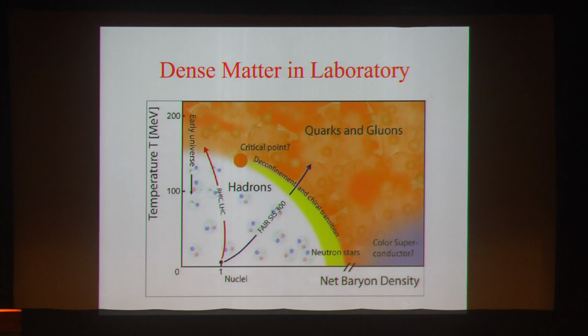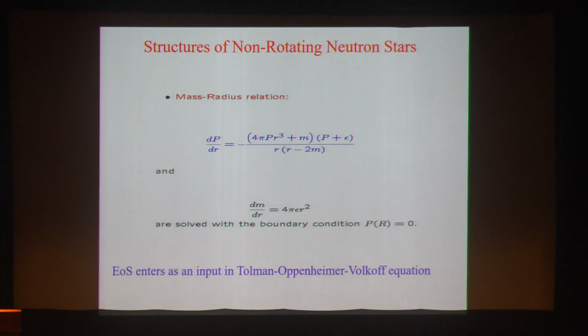So as a result, the matter in a neutron star is in weak chemical equilibrium, that means in chemical equilibrium under weak processes. But in heavy-ion collisions, there is not much time because it is happening on the strong interaction time scale. So there will be no such chemical equilibrium here. Okay, go to the next.